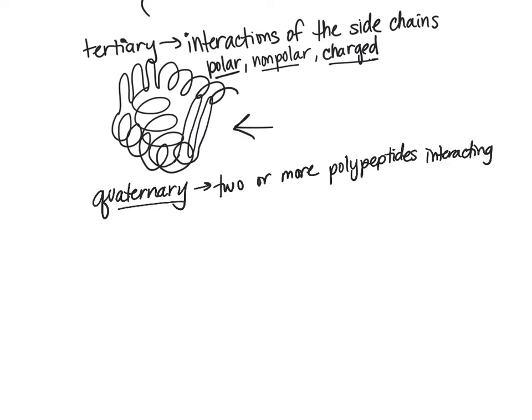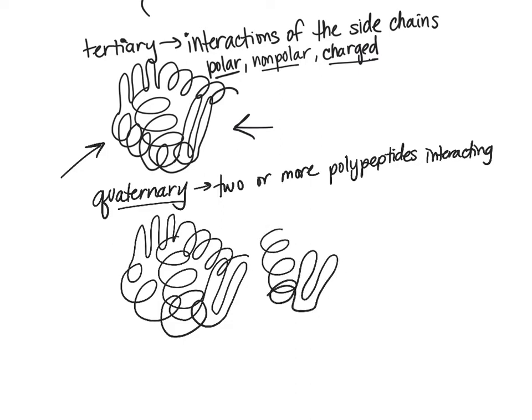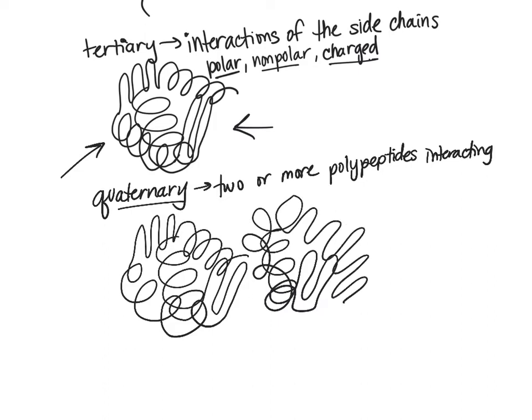So we would have our folded polypeptide. Maybe it looks something like this. Let's see if I can try to recreate that a little bit. Our folded polypeptide here. Not bad. And then we add another folded polypeptide. And let's say that looks something similar. And so now we have two folded polypeptides, and they're going to be interacting in this space here.